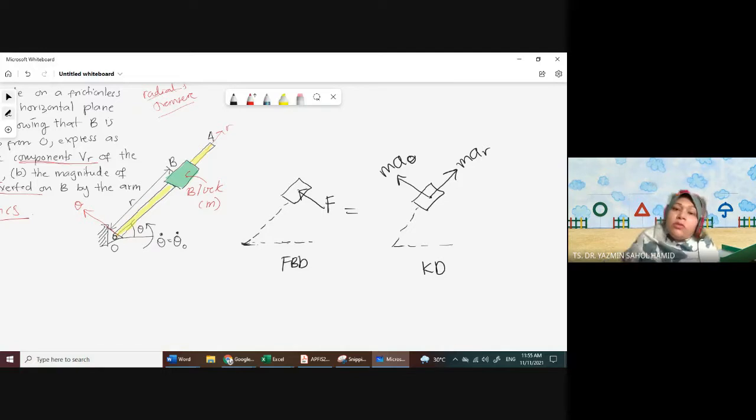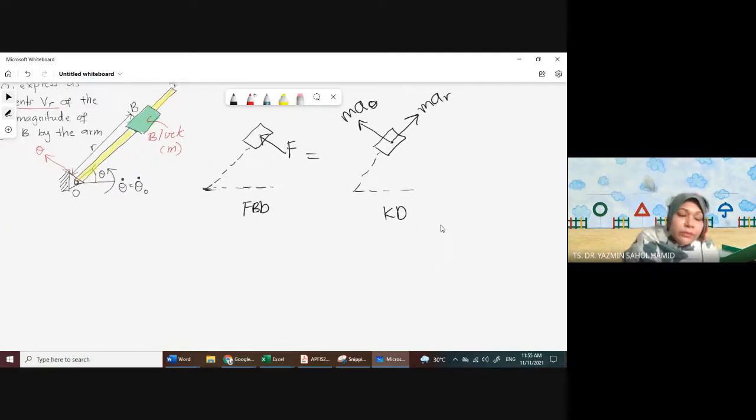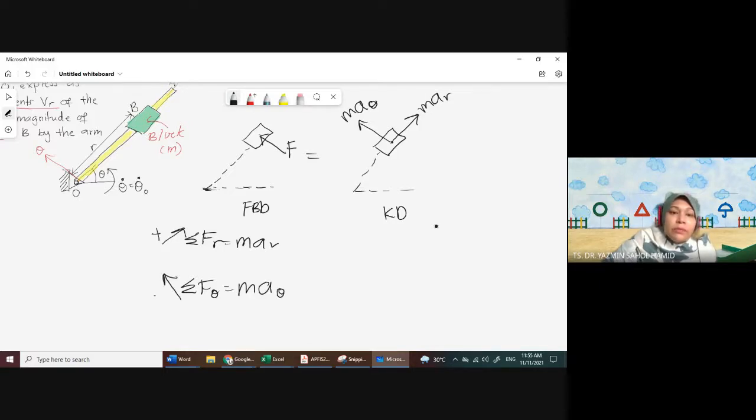Of course you have to write the equation of motion. The equation of motion will be summation of forces F R equals M A R, with the R direction positive like this. And then we do the summation of forces in theta: F theta equals M A theta, with the direction positive like this.